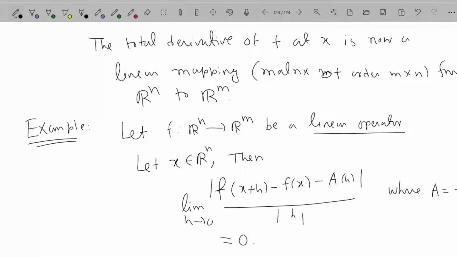So if f is a linear operator, then f dash x is f itself.